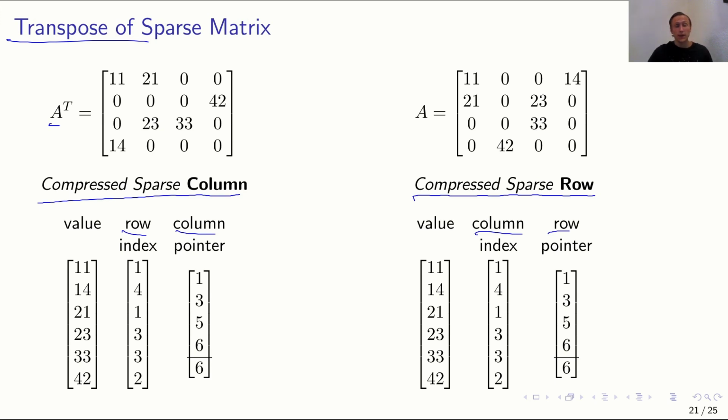So what this means is that if we want to transpose a matrix A in Matlab, all we have to do is change the compressed sparse column format to a compressed sparse row format, and then basically we have the three arrays that we need to describe the transpose in a compressed sparse column format.